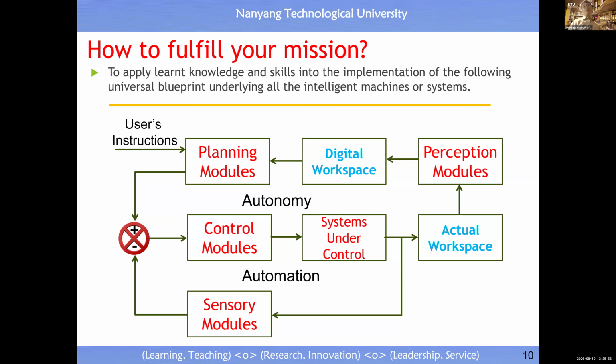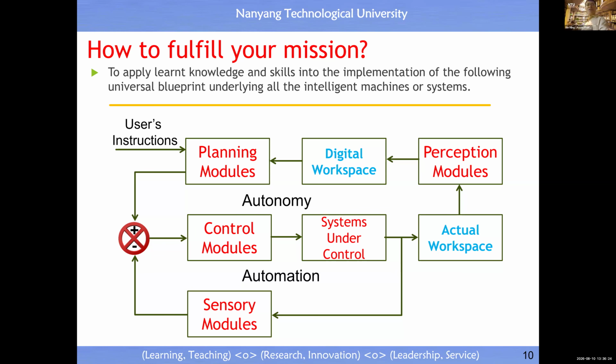Robotics basically is a course which helps you to see whether you are able to consolidate what you have learned so far into the design of machines such as a robot, okay? At least this slide helps you to understand what courses you have to take as an MAE student.